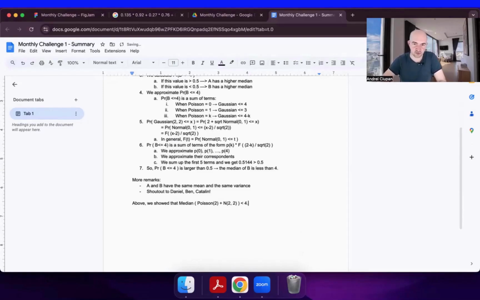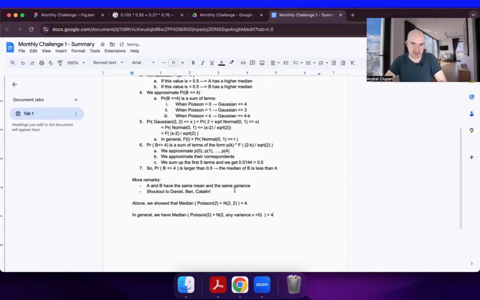A more general result holds. In general, we have that the median of Poisson of 2 plus a Gaussian with mean 2 and any variance V, any variance V bigger than 0, is also less than 4.